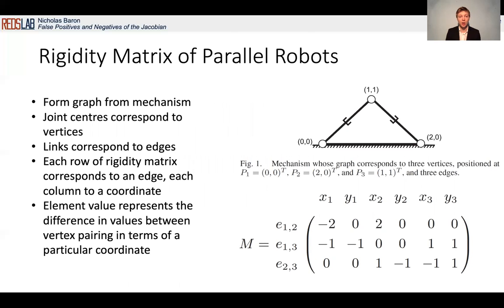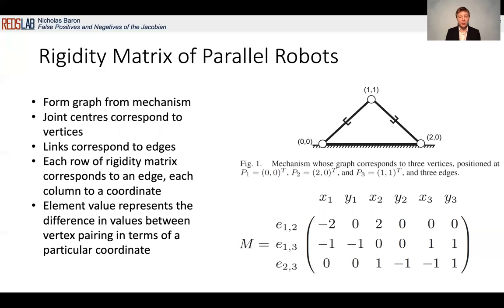Here we are going to go quickly through the method of computing the rigidity matrix of a parallel mechanism. First of all, we form the corresponding graph of the mechanism by forming the vertices of the graph in terms of the position of the joint centers, and the edges of the graph correspond to the links of the mechanism. Then each row of the rigidity matrix corresponds to an edge, and each column corresponds to a coordinate of a particular vertex.